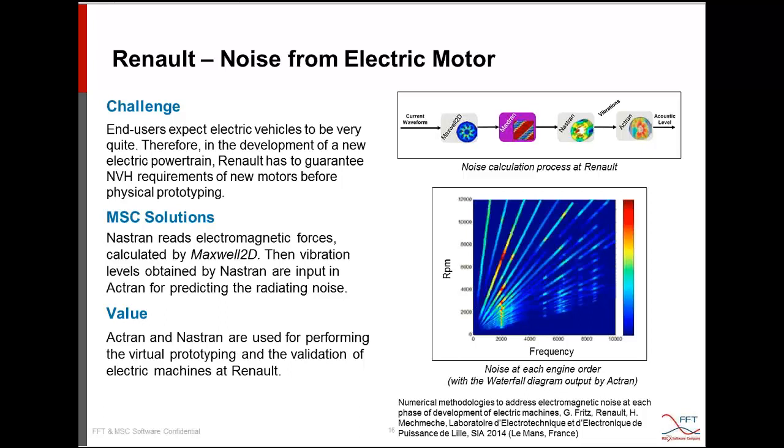At the end, Actran outputs the graph on the right. It is a waterfall diagram that shows the engine orders, and Actran can now, in addition to this graph, automatically display the noise for each of these orders as a function of frequency. What we call at FFT the automatic order tracking.